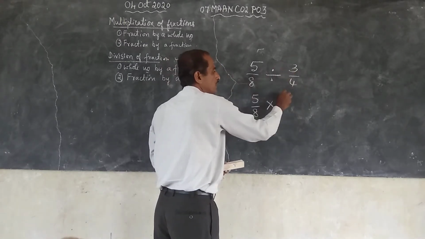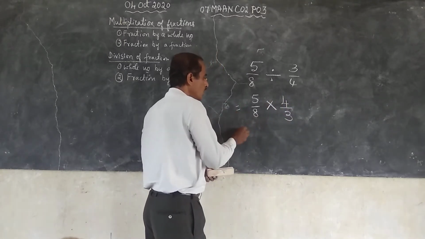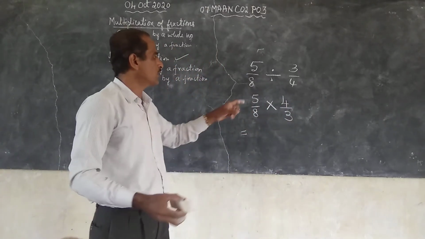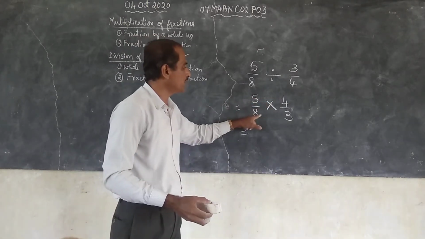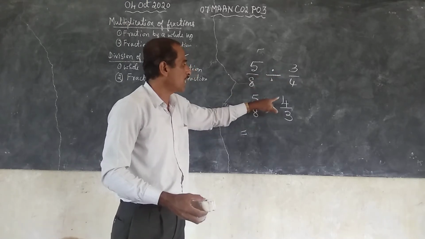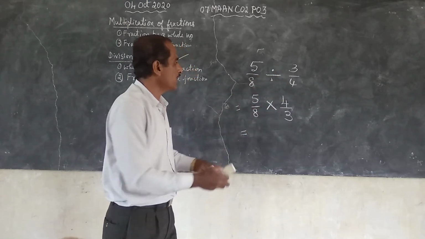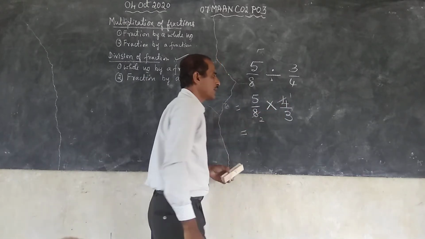The reciprocal of 3 by 4. 4 by 3. Now I told, if it is possible to reduce, you can reduce. This 4 and 8 you can reduce. Not here. In multiplication, after writing in this form, you can reduce. See, 4 ones are 4, 4 twos are 8. See, you can reduce like this.